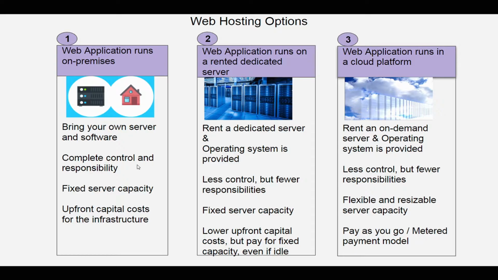For instance, you need to make sure there is no electricity outage or that the hardware in your server, like central processing unit, storage, random access memory, etc., are running smoothly. And with this option, you get fixed server capacity. That means, for instance, if you buy storage capacity for 10 gigabytes, then you get storage capacity for 10 gigabytes.